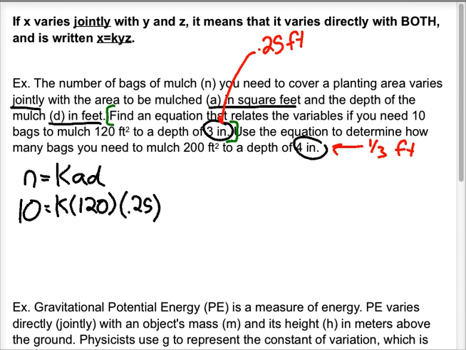So I'm going to take 120 times 0.25. So right now my equation is 10 equals K times 30. I'm going to divide 30 from both sides. So my K actually ends up being 1/3.